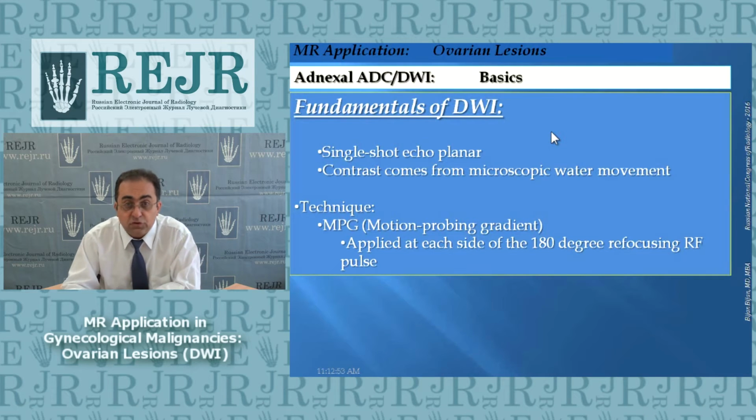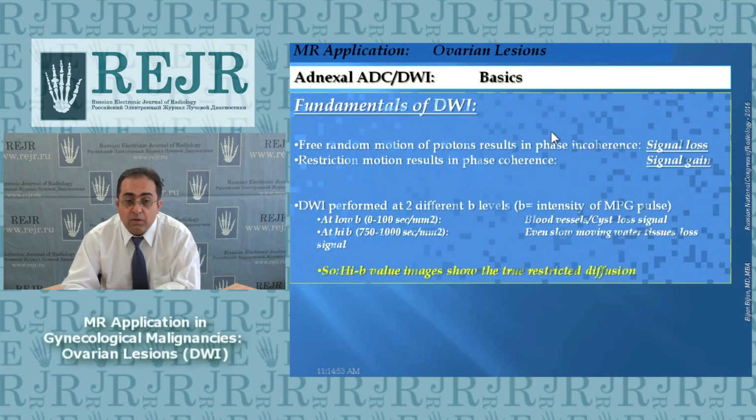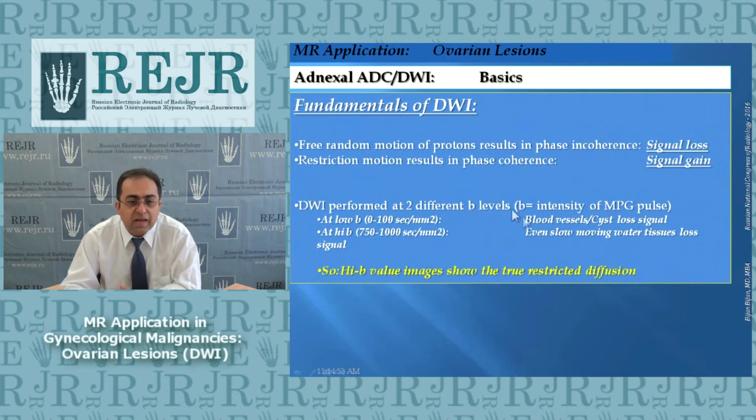Therefore, their diffusion is restricted. Free motions give phase incoherence, which we call signal loss, and when you have a restriction, you have in-phase coherence, and we call that signal gain.